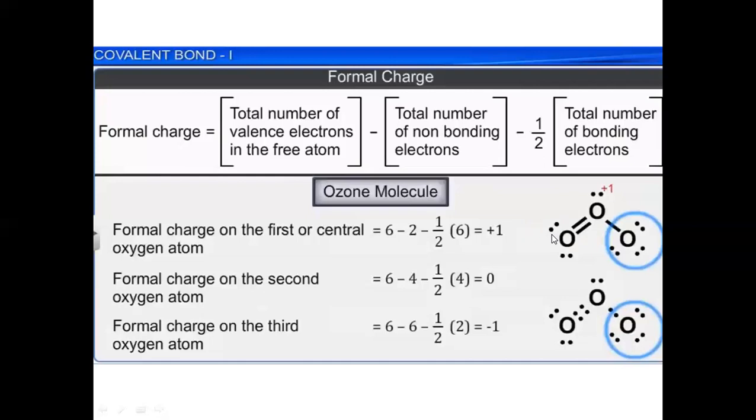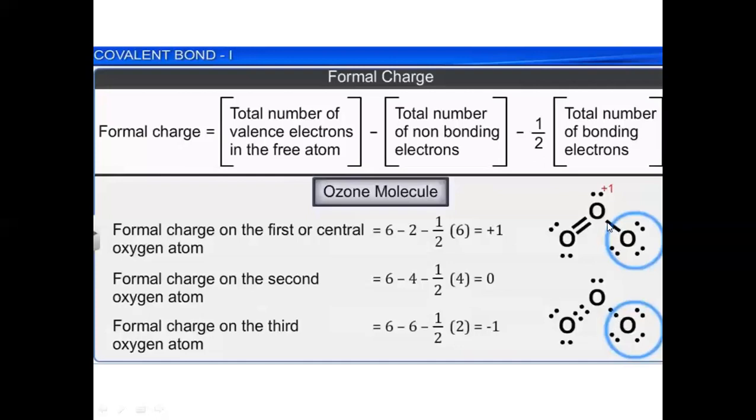Understood? Now the formal charge on the third oxygen atom. This is the first one, this is the second one, and this one is the third one. Here the total number of valence electrons is 6. The total number of non-bonding electrons is 1, 2, 3, 4, 5, 6. See here, right? So 6, and half of the bonding electrons. How many bonding electrons are there? 1 and 2, so 2 bonding electrons.